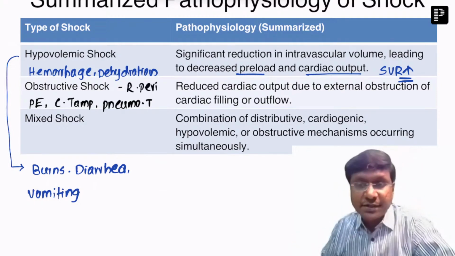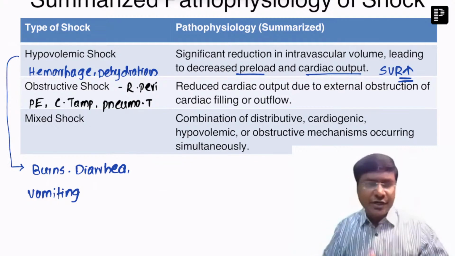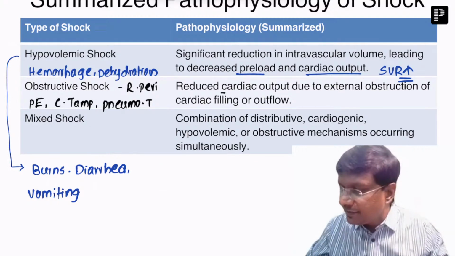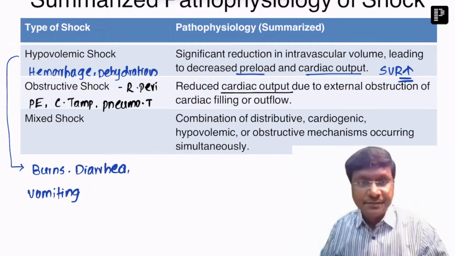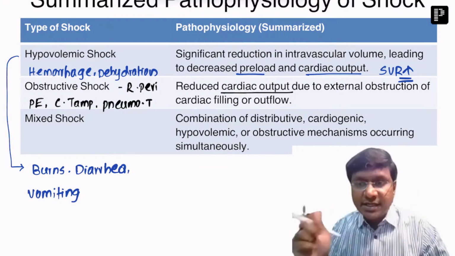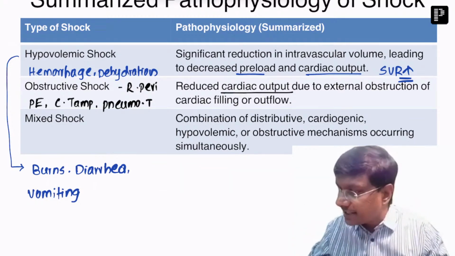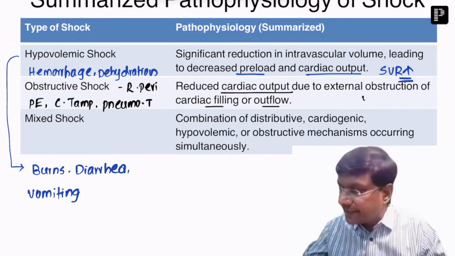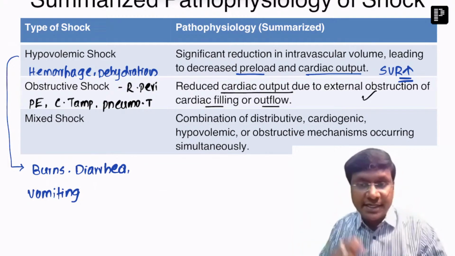These are the causes for the obstructive shock. So in obstructive shock, what exactly is the problem? The problem is there will be reduced cardiac output. Why? That is due to external obstruction of the cardiac filling or the outflow.